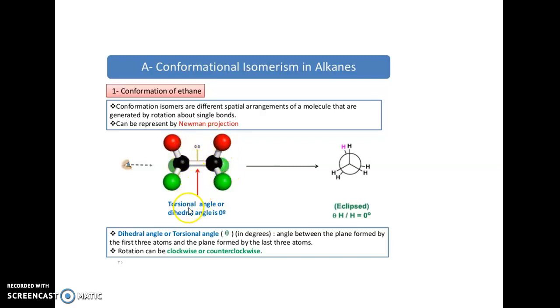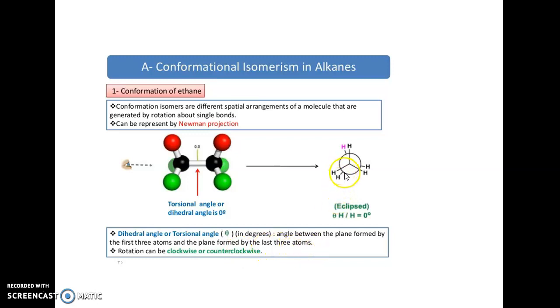Here we have one more term, that is dihedral angle or torsional angle, which is given in degrees. That is the angle between the plane formed by the first 3 atoms and the plane formed by the last 3 atoms.